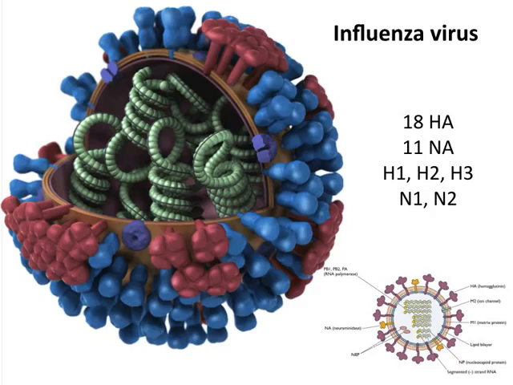As far as we know, so far, we've discovered viruses out there in nature with 18 different HA molecules when you classify them by sequence, and 11 different neuraminidase molecules. I'm sure there are more out there, we just haven't found them yet.